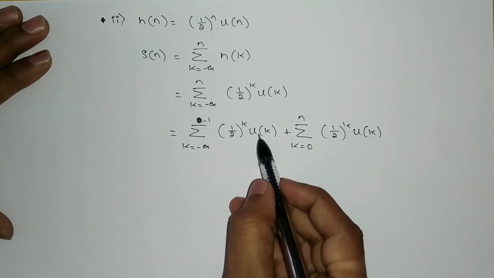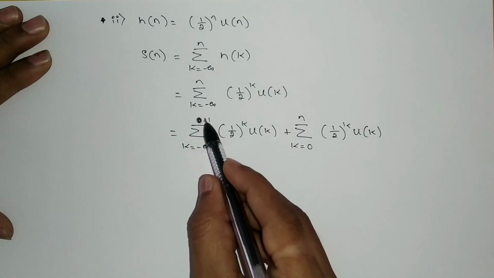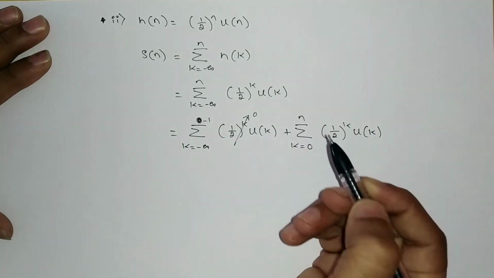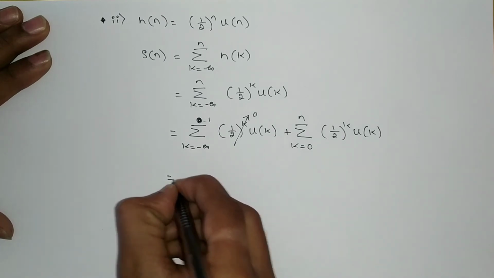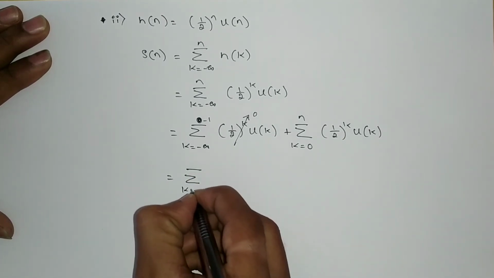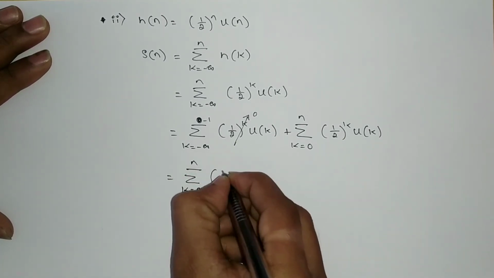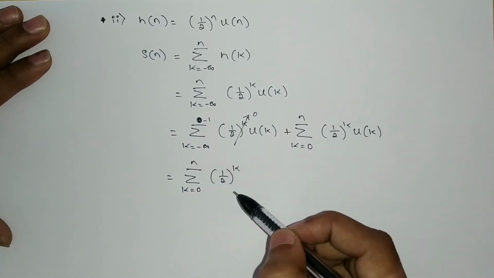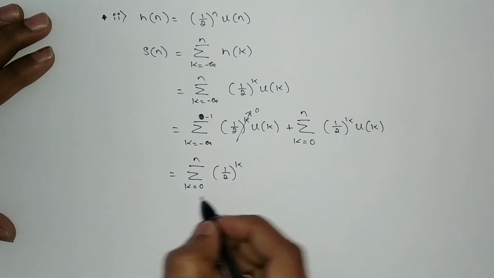And we all know the value of u of k between k is equal to minus infinity to minus 1 is 0. Therefore, the first term tends to 0. We'll be left with summation of k is equal to 0 to n 1 by 2 power k. The value of u of k between this limit is 1, right?